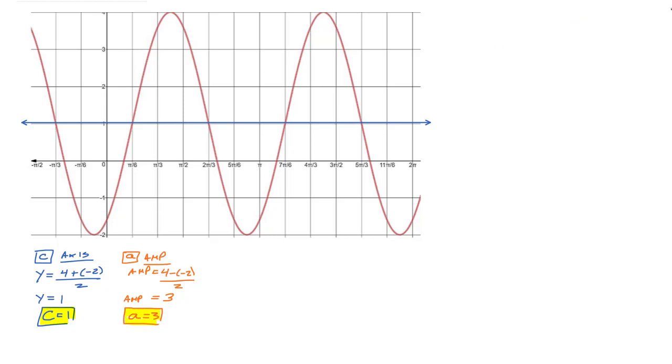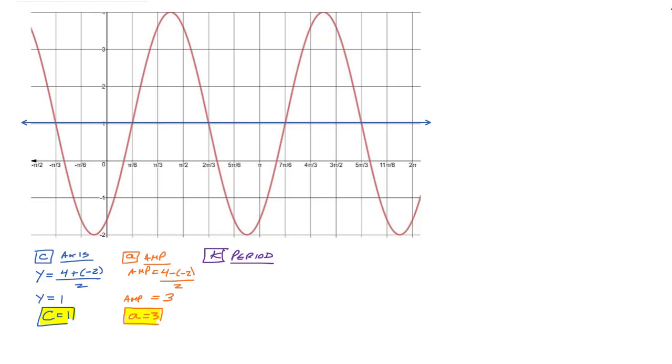All right, getting a little trickier. Now we need to find our period, so that's going to help us find K. The period, you can start this anywhere. You just need to figure out how long it is from start to finish for one cycle of this thing. I'm not really focused on sine or cosine right now. I just want to know from any starting point to any ending point, how long is that for one cycle?